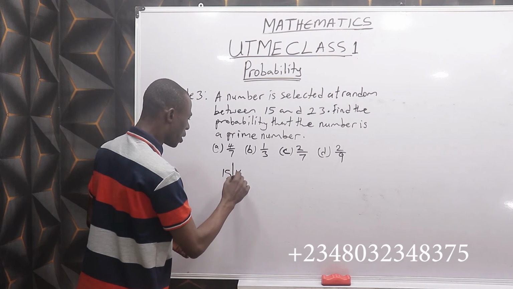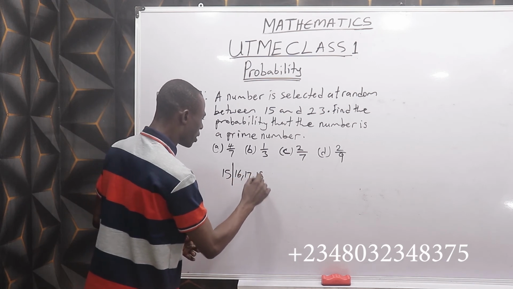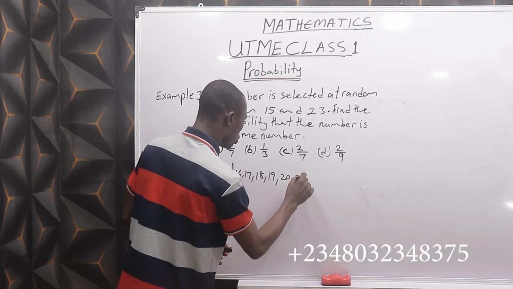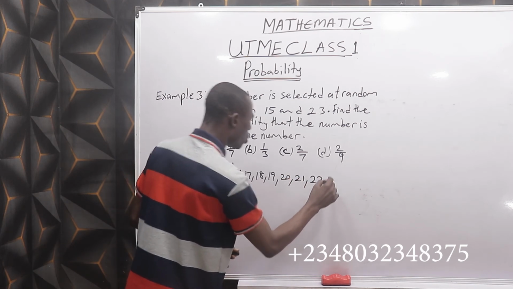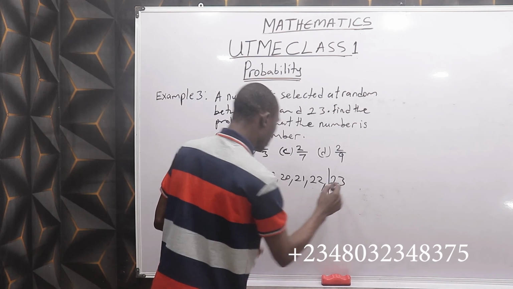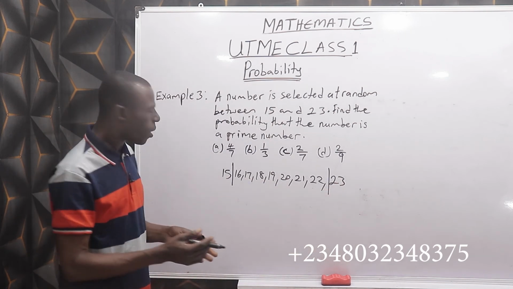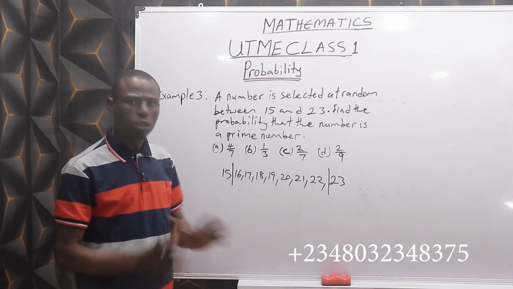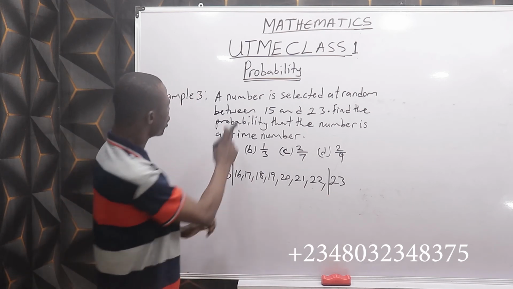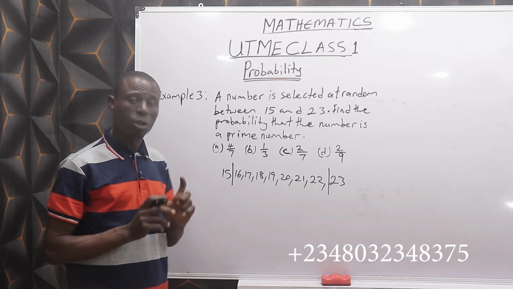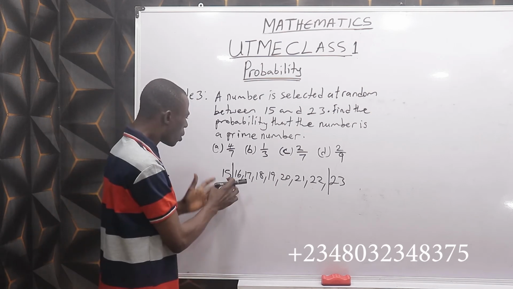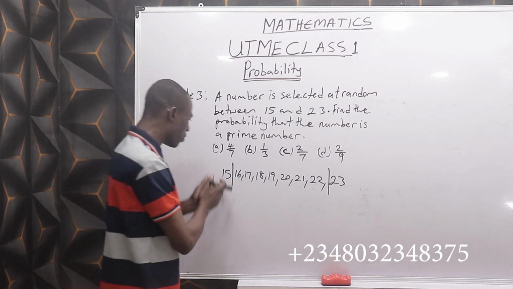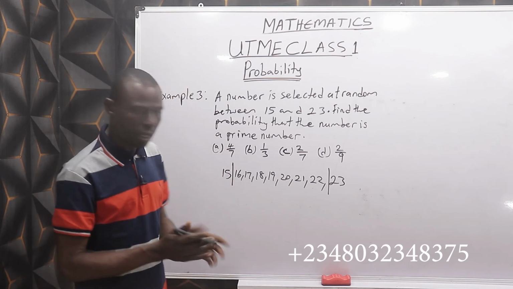We now have 16, 17, 18, 19, 20, 21, 22, 23. See the way I create the wall. That means 15 and 23 are not part. They are not supposed to be part because of the language between. Take note of that language, very important. So 16 to 22 are the numbers between 15 and 23.